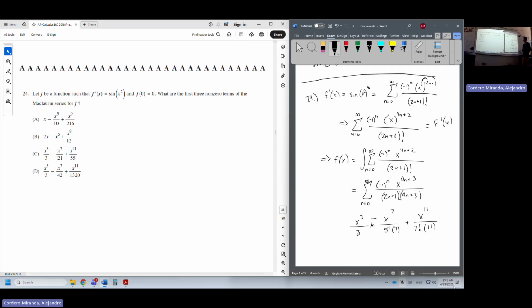And then I don't see what I did wrong. Why is that not one of the options? When I plug in 0, 1, and 2, I should get, let's check again, x to the 3 over 1 factorial times 3 factorial.